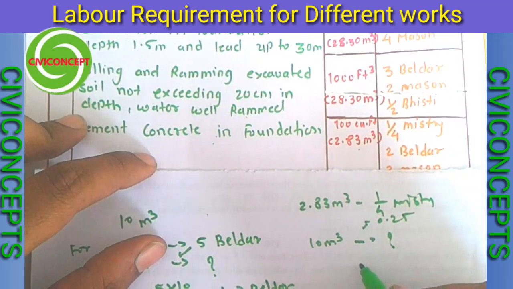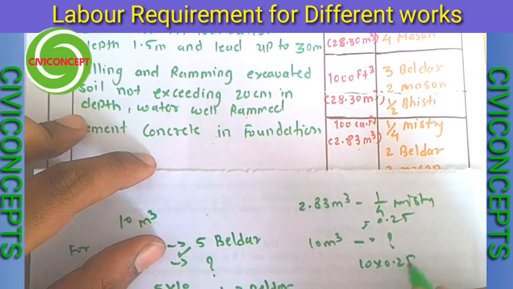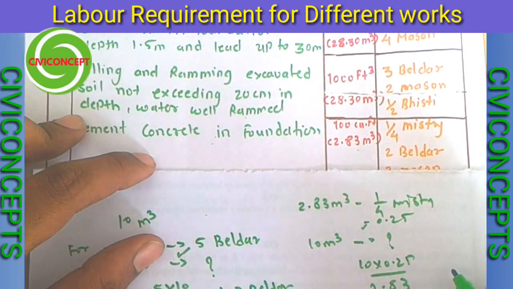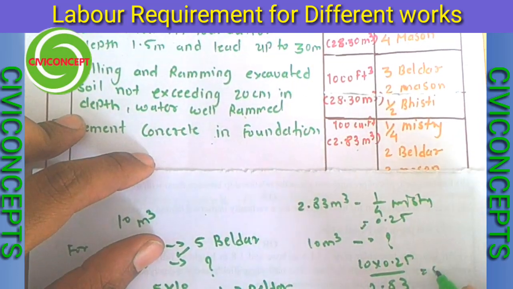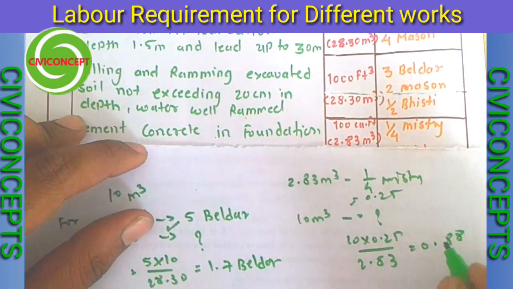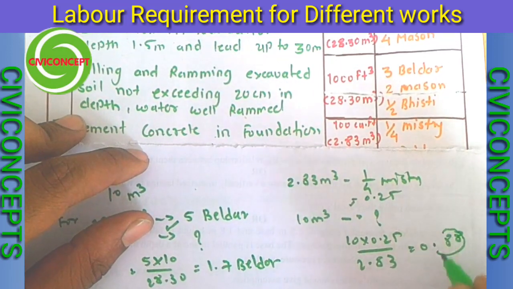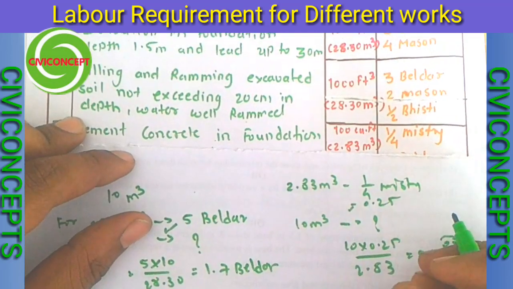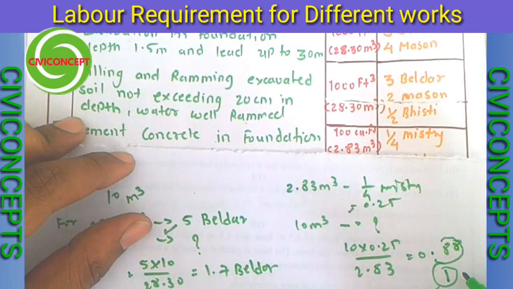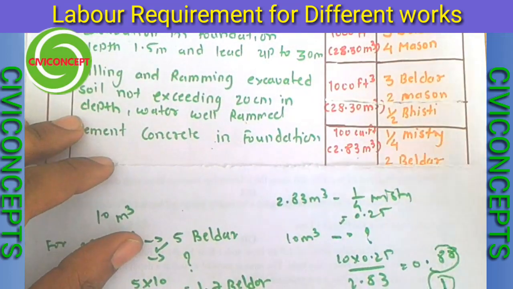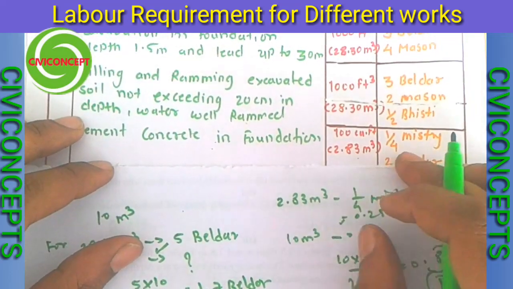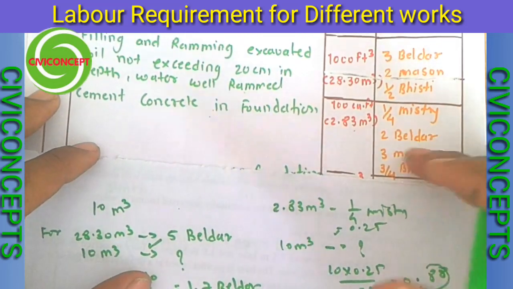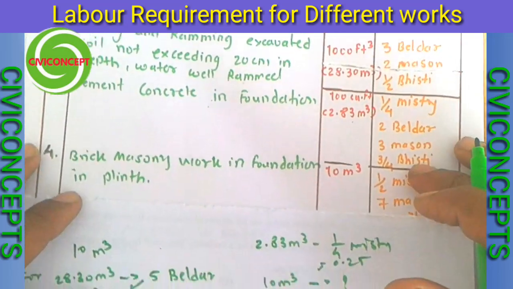You just need to interpolate: 10 into 0.25 divided by 2.83, and it will become 0.88. Means you require 0.88, or in round figure you can convert it into 1 mistri for 1 day to complete this work for 10 meter cube. If the work is small, 2.83 meter cube, you just require 1 divided by 4 mistri. Similarly, you can convert the other beldar, mason and bhisti also.